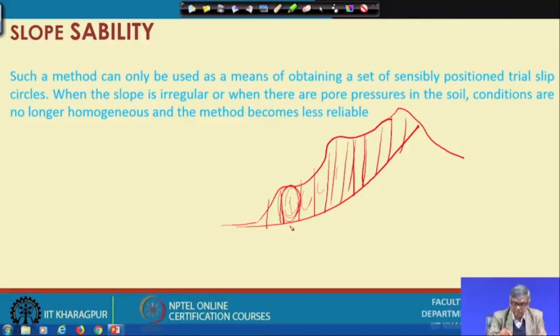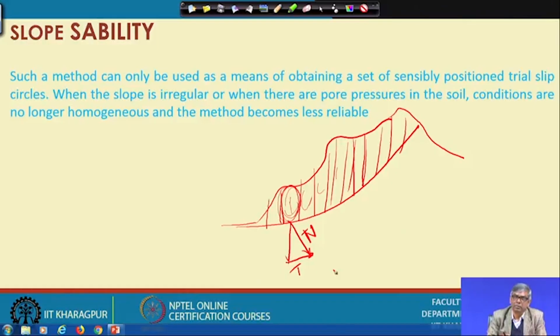From each slice we got the normal and tangential components of the gravity force, T and N, and then we took the summation of T and summation of N as the resisting and sliding forces, and did the calculation. So, that is not really the method of slices.